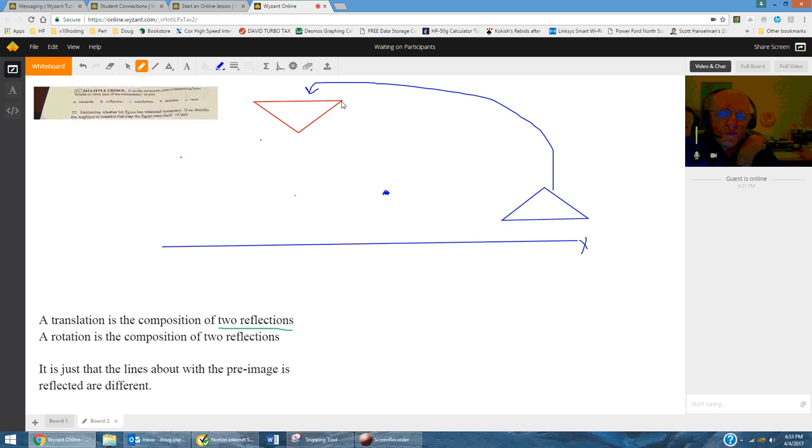The angle of rotation is something like this. So I've rotated this triangle this number of degrees around this center of rotation.